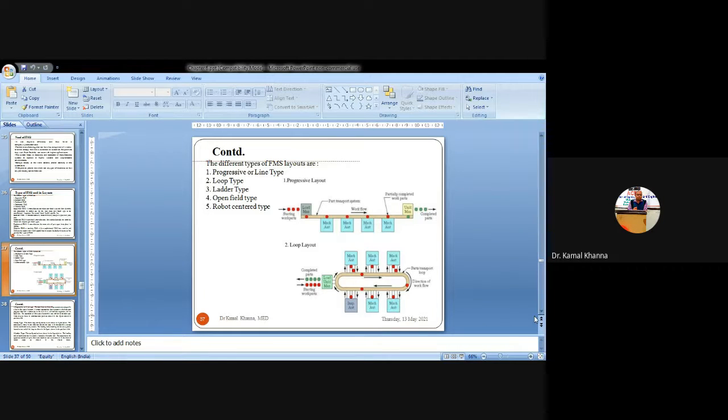First one is the progressive or the line type. Second is loop type. Third is ladder type. Fourth one is open field FMS layout, and last is the robotic center FMS layout. The first figure is of the line layout.